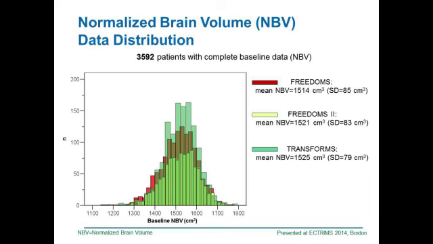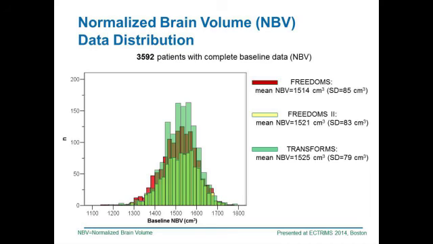We have here in this first graph the distribution of the normalized brain volumes in patients enrolled in the FREEDOMS study. As you can see, the average normalized brain volume is around 1,500 cubic centimeters. The same is true for the FREEDOMS 2 study. The distribution of the normalized brain volumes is highly superimposed to the distribution that we have in the FREEDOMS study.